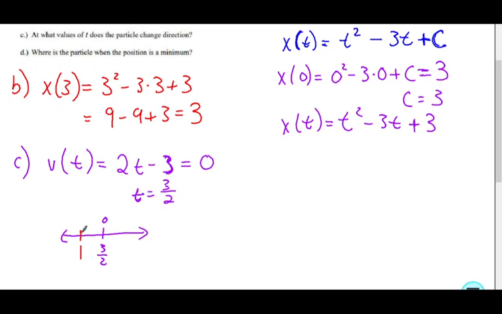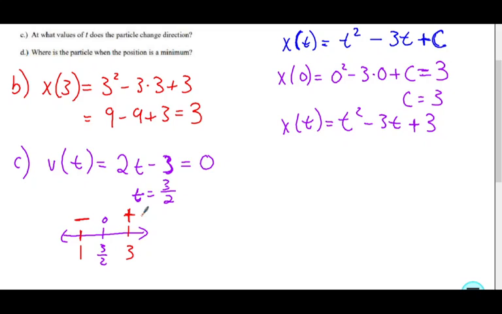If I plug 1 into my velocity equation, I get negative 1, so my velocity is negative there. What happens when I plug in something bigger than 3/2? I could plug in 2, 2 times 2 is 4 minus 3, which is positive. So sure enough, my particle changes direction because my velocity goes from negative to positive.